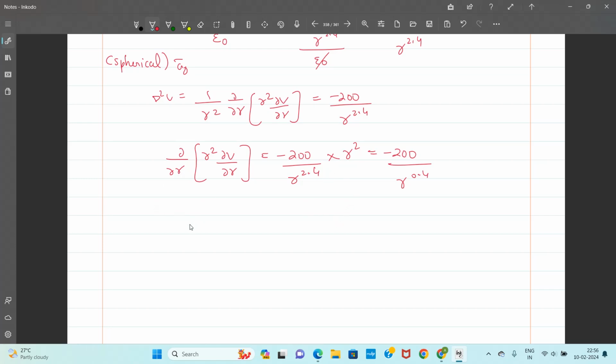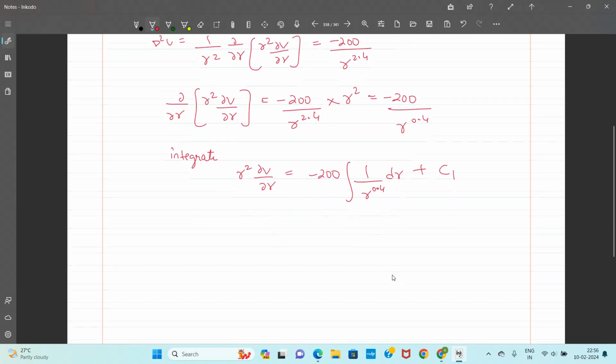Now to remove this, I have to integrate on both the sides. So I'll get r square dou V by dou r on this side. And here, integration of this term, minus 200 is written outside, integration of r power 0.4 with respect to dr, plus integration constant C1.